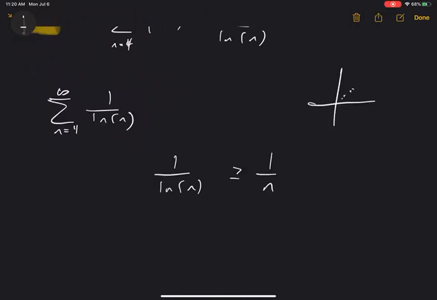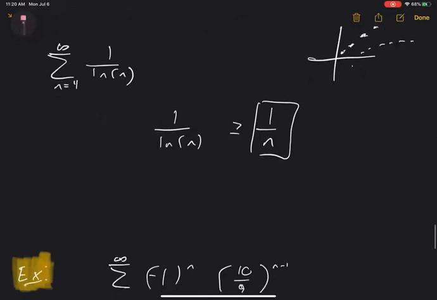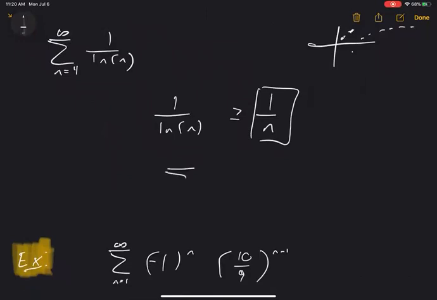If I graphed n, it would look like this. ln of n, on the other hand, looks like this. So in 1 over n, I'm dividing by a larger number than over here, so this fraction is going to be bigger. So I expect to have this inequality.